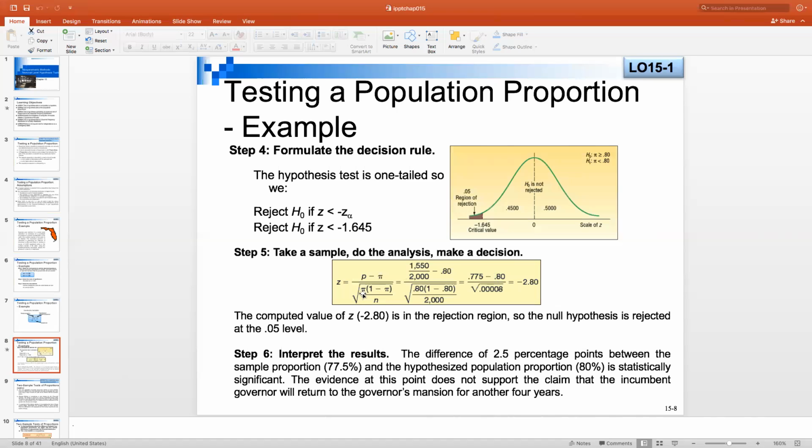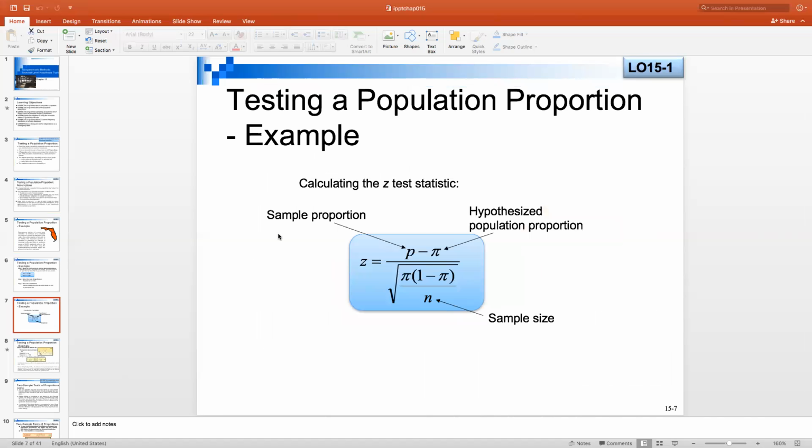We just take our pi times 1 minus pi, so 0.2 over the n, and we have this as our square root, and ultimately that gives us the negative 2.8. So again, just a refresher, we're looking at how the actual survey data, 1,550 over 2,000, is compared to what you need, 0.8, the hypothesized population proportion.